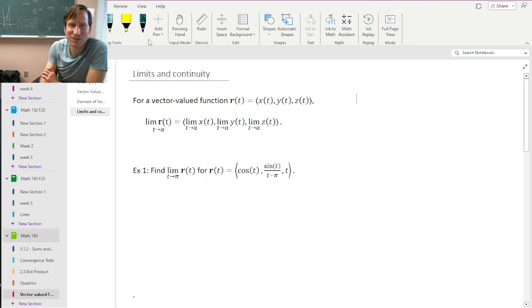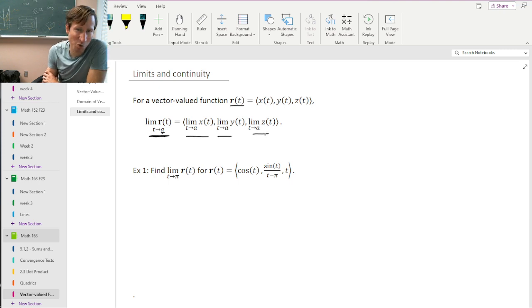Fortunately, they work exactly like you think they should work. If you have a vector-valued function r of t, the limit of your vector-valued function at some t value a is just the vector you get by taking the limit of the individual coordinate functions.